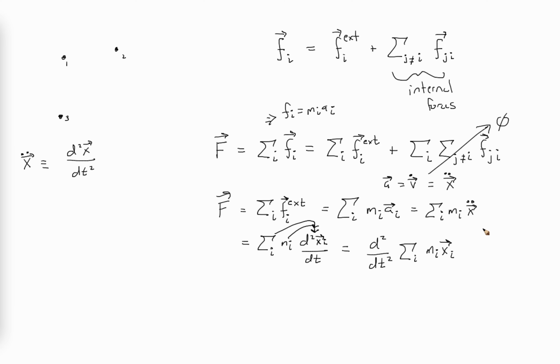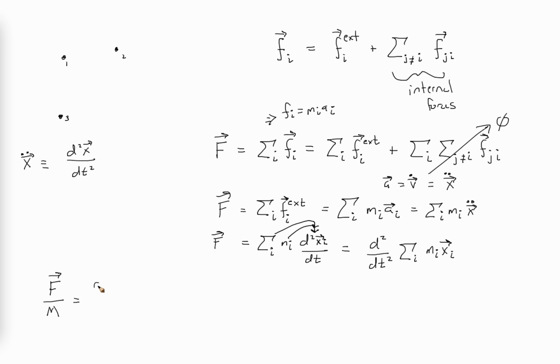Okay. Now, what I'm going to do next is going to be confusing until we think about it. What I'm going to do is divide everything by the total mass. So all this is equal to the total force acting on the system, and I'm going to divide everything by the total mass. Again, I'm using capital M to indicate total mass.